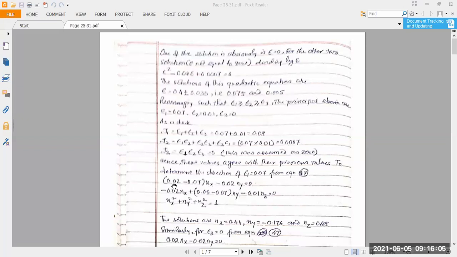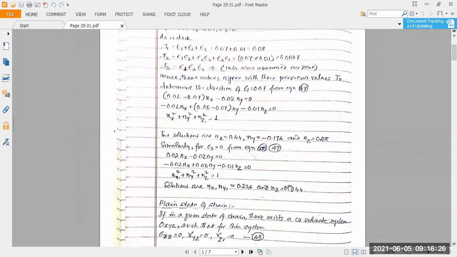Now, since these factors agree with this property, we can safely write down the matrix like this: 0.02 minus 0.07 nx, 0.02 ny, minus 0.02 nx plus 0.06 minus 0.07 ny, minus 0.1 nz, and nx square plus ny square plus nz square. Thus, from this, the solution is supposed to be nx equal to 0.004, ny equal to minus 0.176, and nz equal to 0.88.